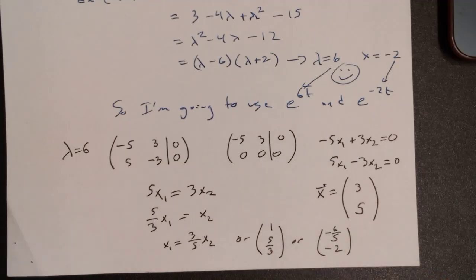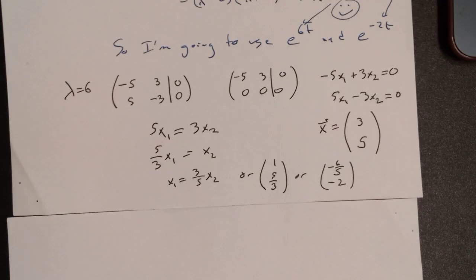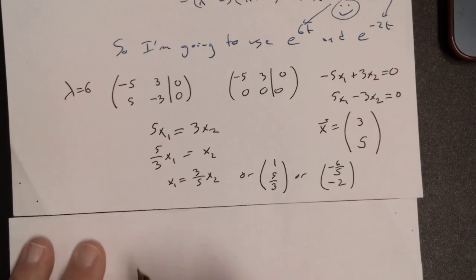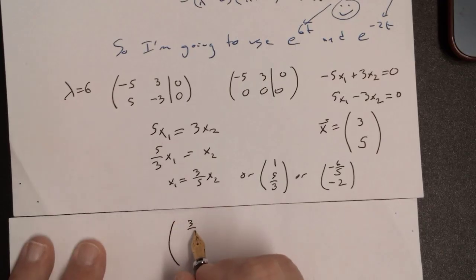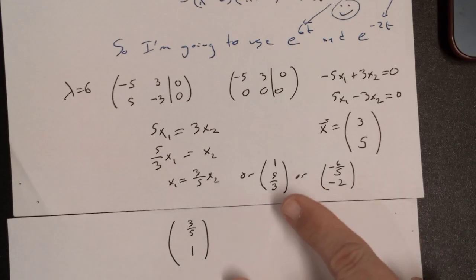They all work, right? Any one of those vectors would work. As a matter of fact, we often put a 1 in one of the spots just to make our lives easy. I don't care which one you put it in. Like that, right? Both of these have a 1 in one of their spots. Any of these would work.